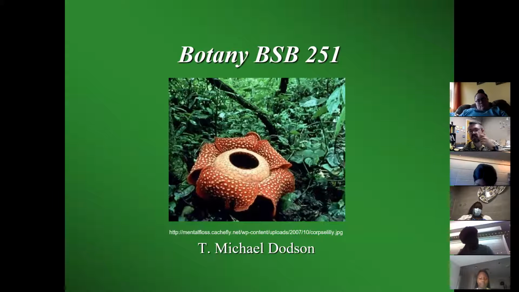Now, this plant is also cool for a few other reasons. This corpse lily, as I said, is the largest flower of any flower in the world. It's a huge, huge flower, a single flower. It smells like rotting meat, so it uses insects that like rotting meat for pollinators.